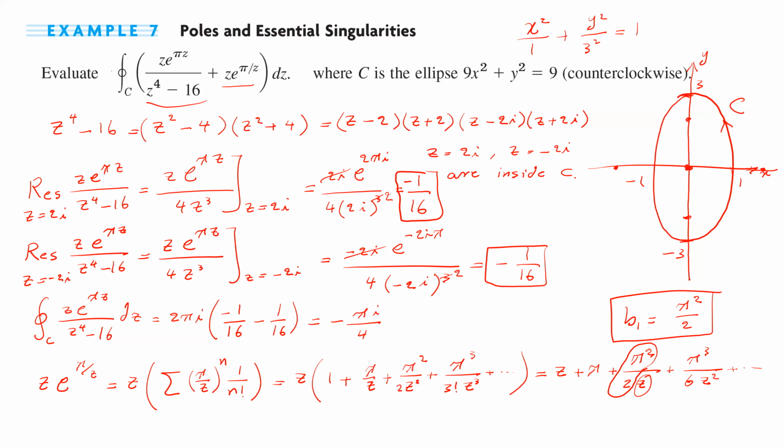So this second integral becomes 2 pi I times pi squared over 2. I don't have room here, let me make room here. The integral of z e to the pi over z dz becomes 2 pi I times pi squared over 2, so it becomes I pi cubed, right?